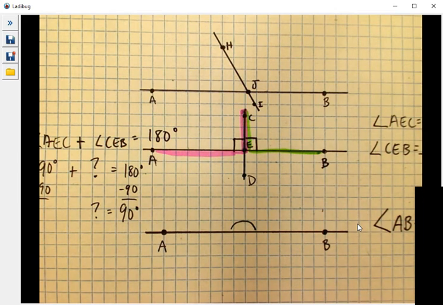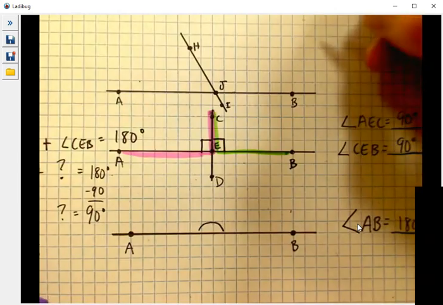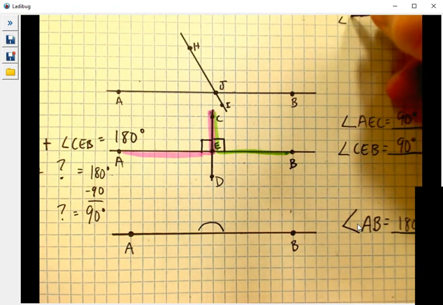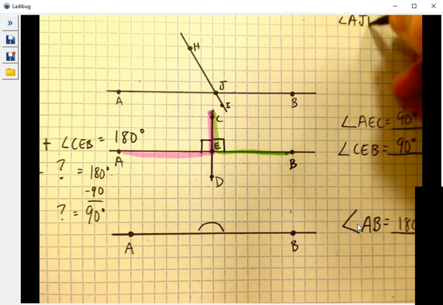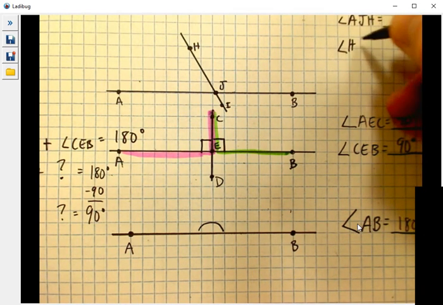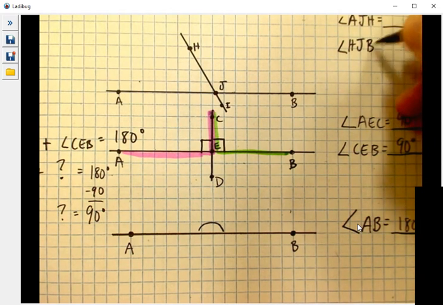This time I ask you, what are my angle measures for angle AJH and my angle measure for angle HJB?